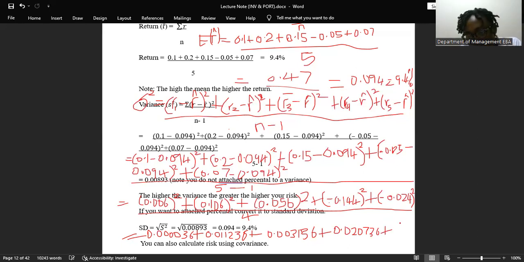0 point. Okay, so we got negative. All right, so negative will definitely become positive. 0.02.